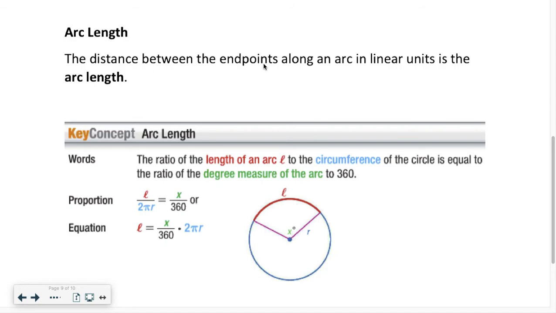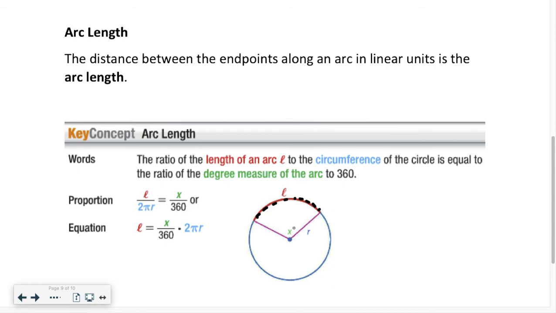The distance between the endpoints along an arc in linear units is the arc length. So as we learned, circumference is that linear distance around the entire circle. Well, arc length is just the linear distance of an arc. It's that portion of the circumference.